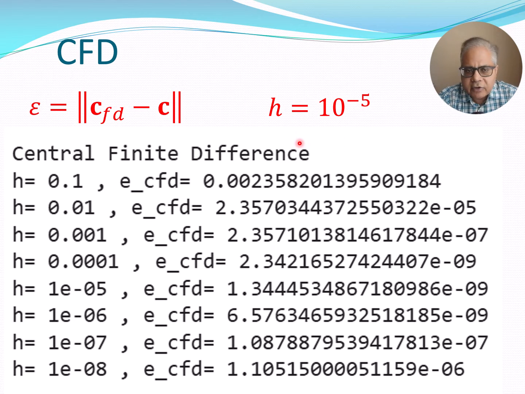Now for central finite difference, one of the interesting things is that epsilon is pretty small even at 0.1 and 0.01. So this is one of the reasons why central finite difference is often preferred. But one thing I should say, it is often preferred more in fields like computational fluid dynamics or computational science, where quality of the derivatives is very important.